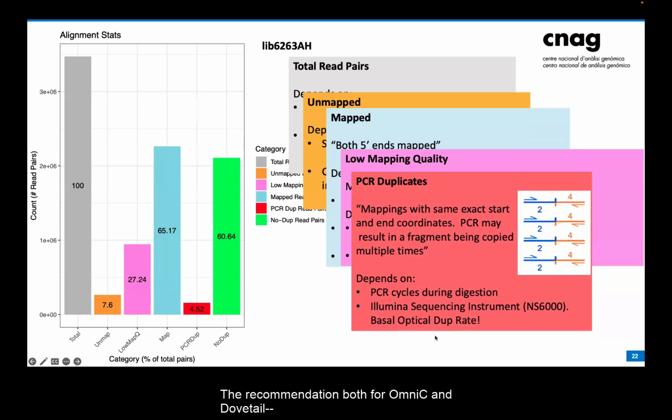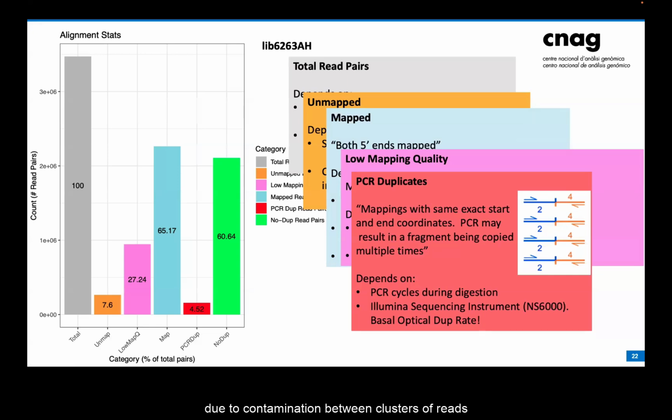The recommendation, both for Arima and Dovetail, I think, is to use MiSeq. That could be more precise and has a lower rate of duplicates. But we tend to go a step forward, to NovaSeq 6000, which we know has a basal optical duplicate rate due to luminescence contamination between clusters of reads in the flow cell.